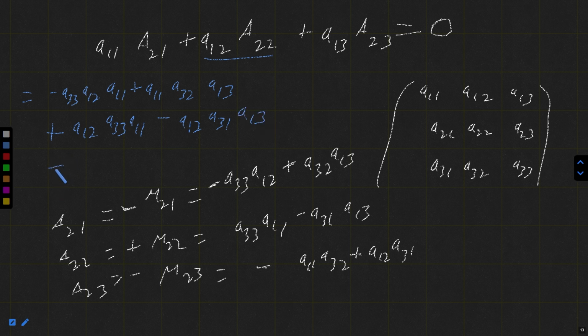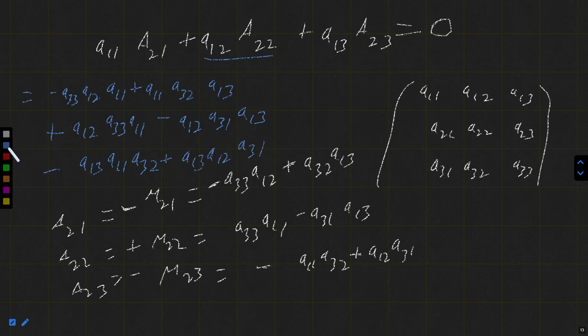Now plus A13 times A11 A32, this will be minus A13 A11 A32, or plus A13 A12 A31.